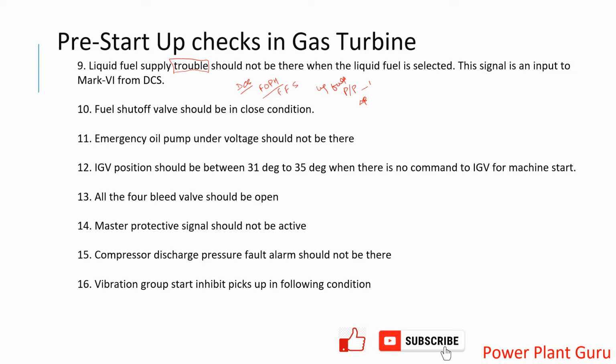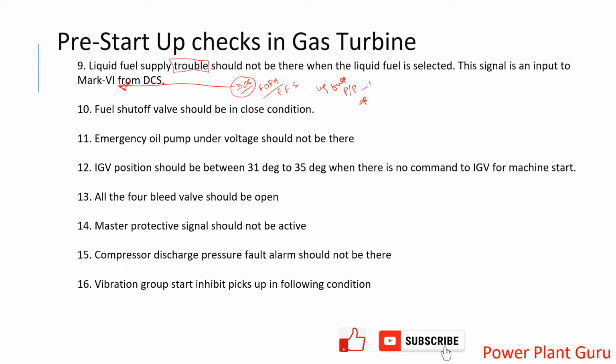There should not be any alarm in the pump bearing or something. So all that logic is written in DCS, and from DCS this input comes to your Mark 6 or Mark 5, whatever system you have, so that the fuel oil which is going to run the gas turbine, that system is healthy. That is one check.